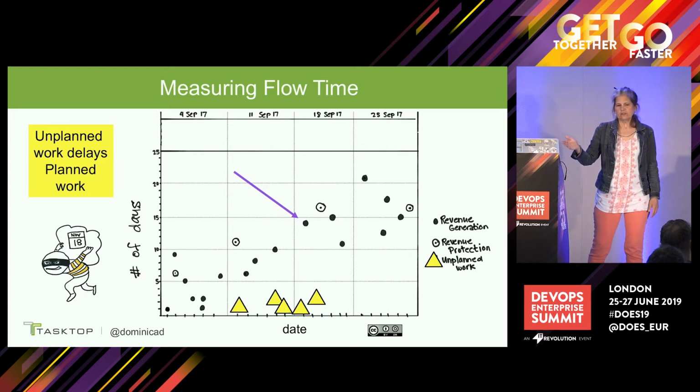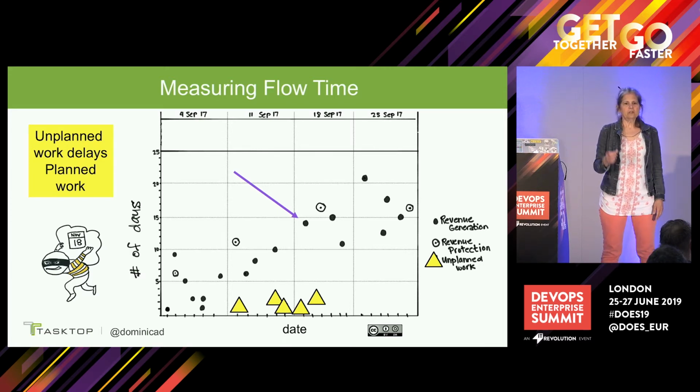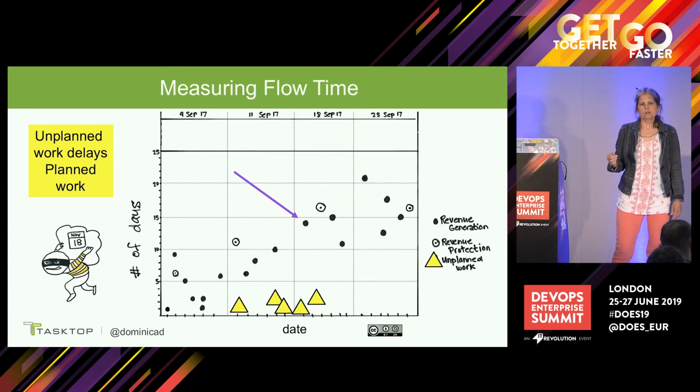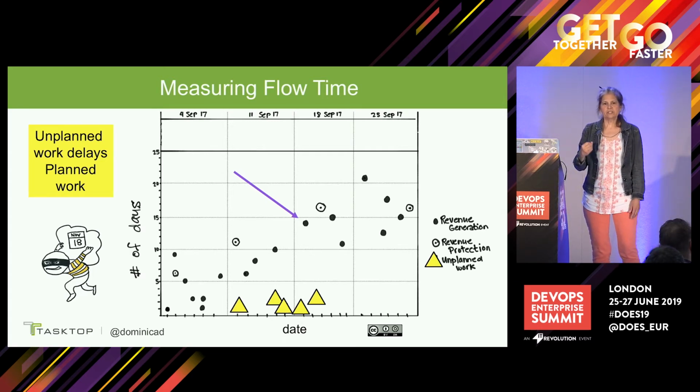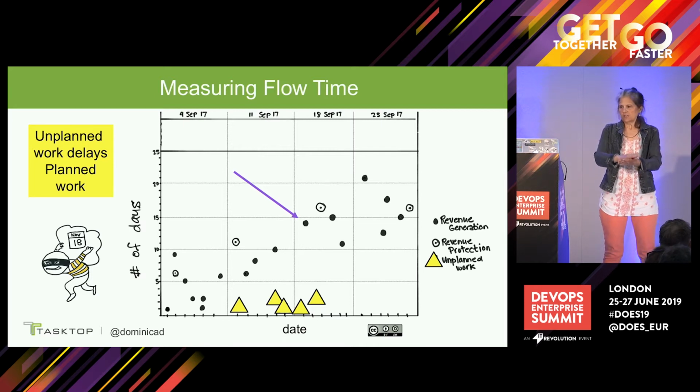So in this chart, the legend on the right, we're identifying revenue generating work with a black dot. So this would be like your features. And then I'm identifying revenue protection work. That's the one with the circle and the dot in the middle. Revenue protection work would be a combination of your technical debt and things like risks and security and compliance.